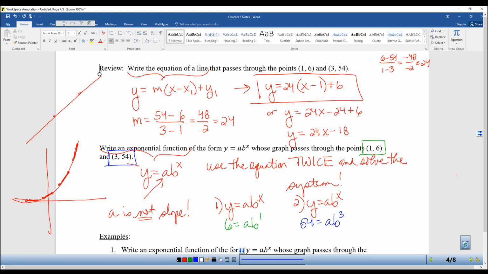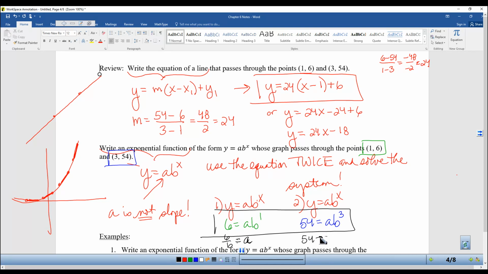So I have a system of equations now. I can't use combination, but I can use substitution. So I'm going to say that a is equal to 6 over b. And I'm going to plug that into here.